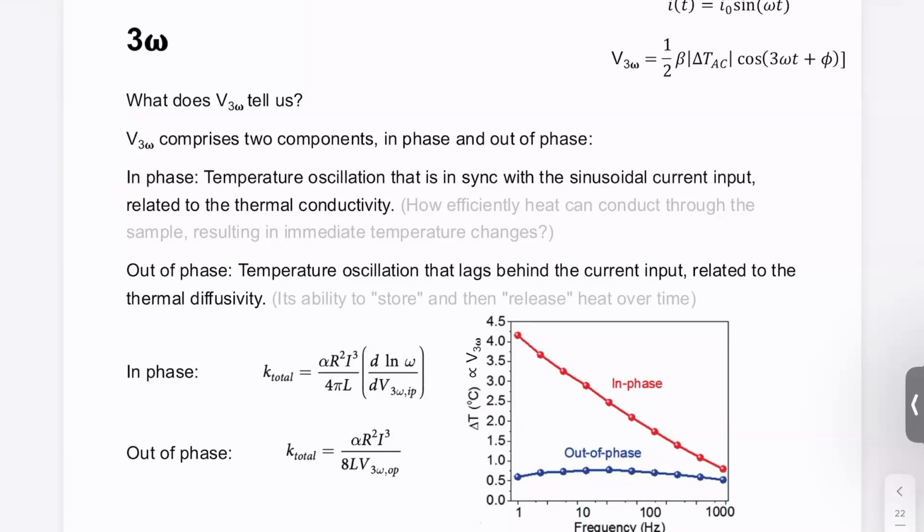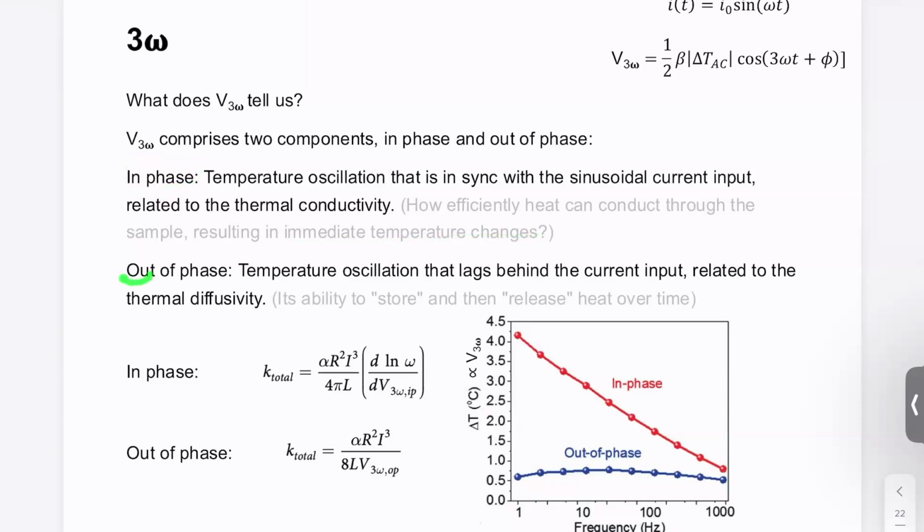So it's related to thermal conductivity because the in phase component tells you how efficiently heat can conduct through the sample, resulting in immediate temperature changes. So in phase means immediate temperature change. That's related to thermal conductivity.